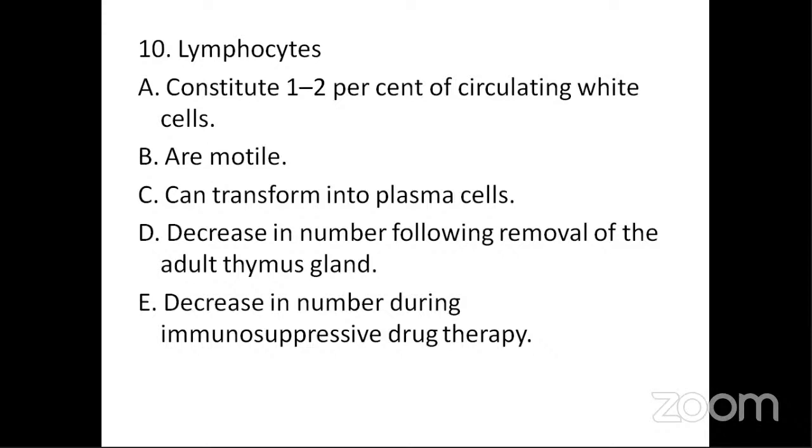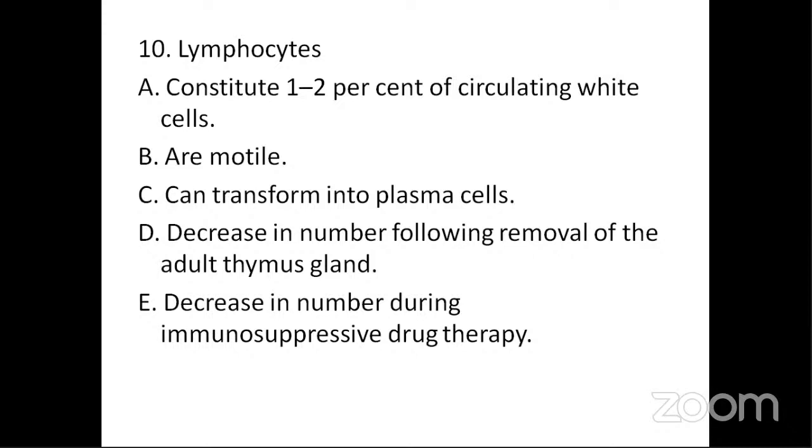Coming to the answers. First option A: lymphocytes constitute 1 to 2% of circulating white cells. This is false because about 20% of leukocytes are lymphocytes.